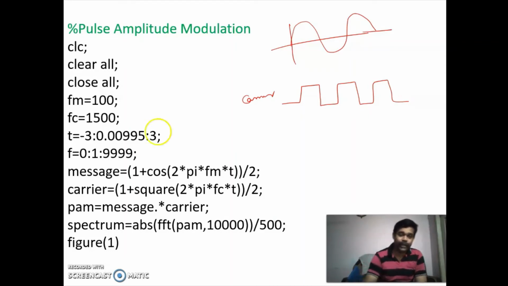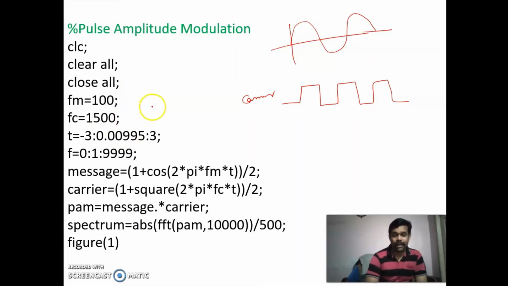Now we are going to define the frequency of our message signal and the frequency of our carrier signal. We are taking the frequency of the message signal as 100, and the frequency of the carrier signal as 1500.